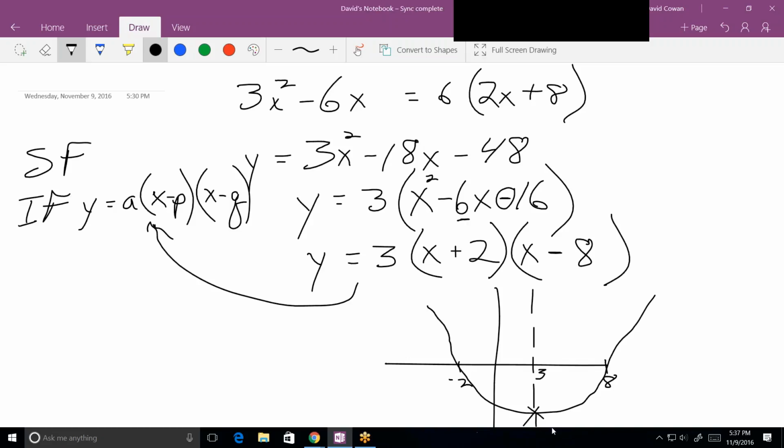And that's 3. 3 is 5 units from -2, and it's 5 units from 8. So now I do actually know the vertex x-coordinate is 3. And if I want the y-coordinate, just plug in 3 for x. So I have 3 times 5 times -5.